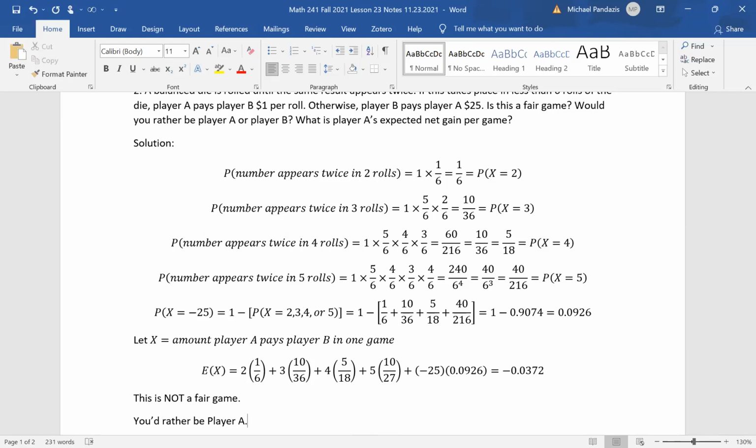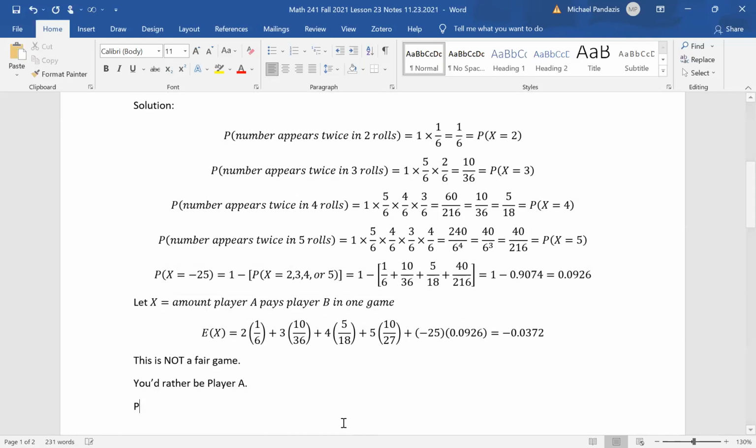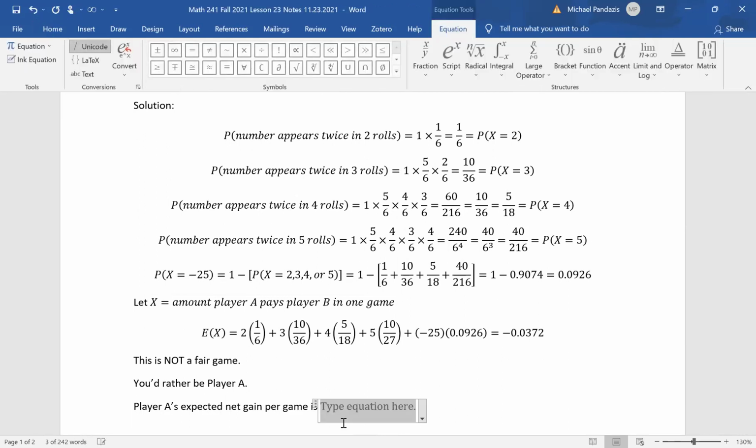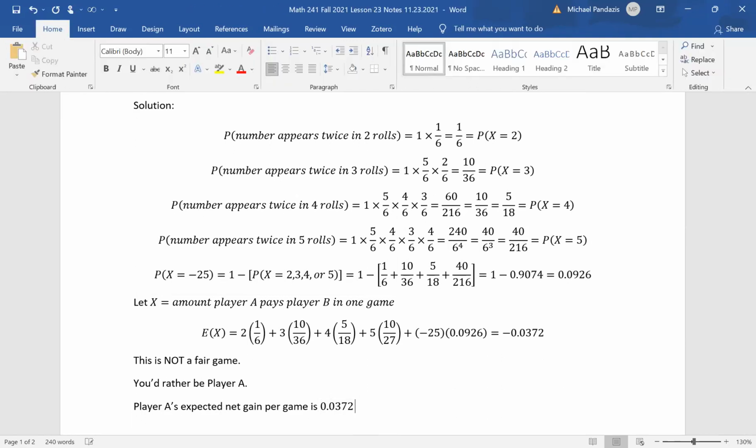So you'd rather be player A. And so the expected net gain per game, player A's expected net gain per game, is 0.0372 or about 4 cents per game.